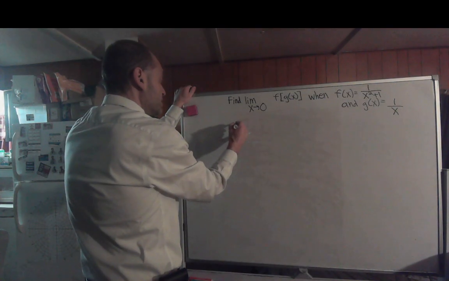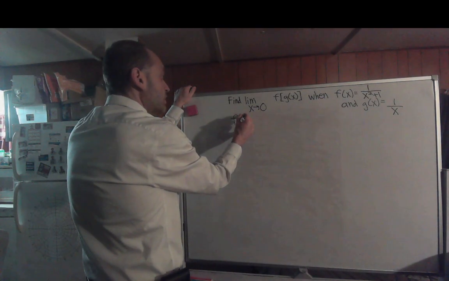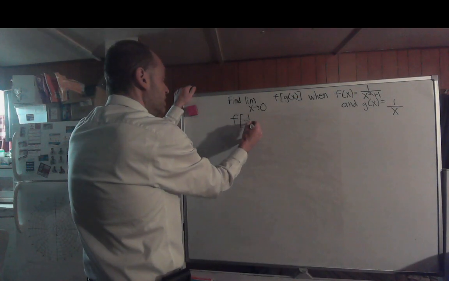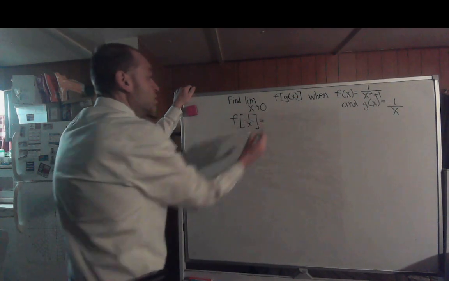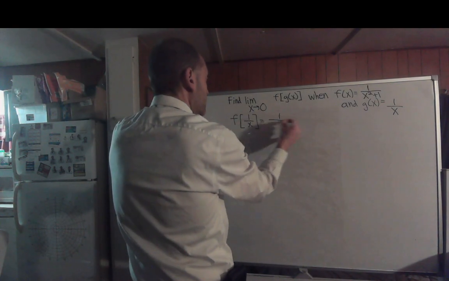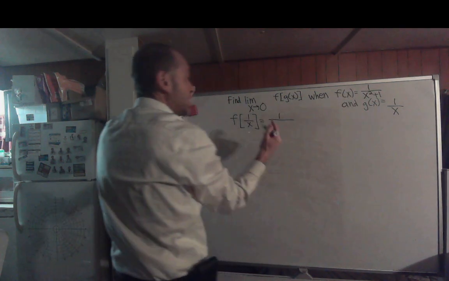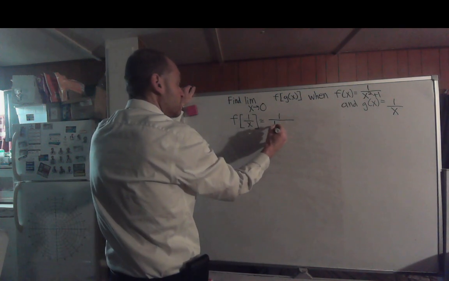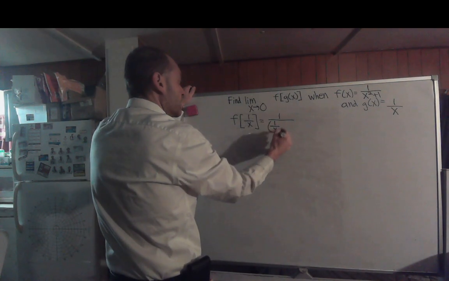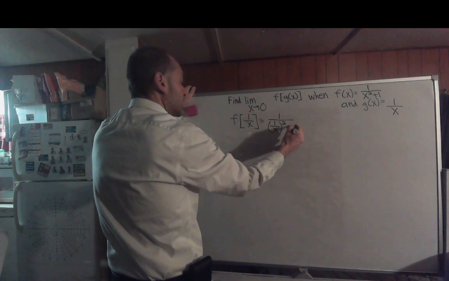So this would turn into f of 1 over x, which is going to give us 1 all over, we substitute g of x in for that x value in f of x, 1 all over 1 over x quantity squared plus 1.